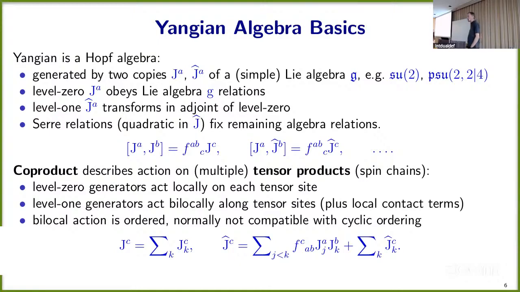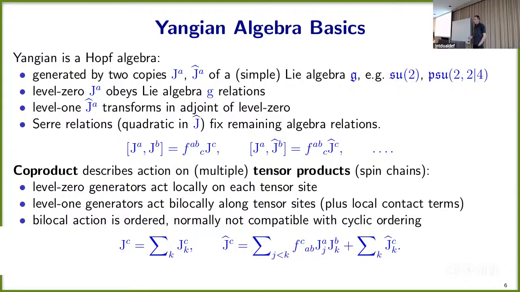Now, this is a quantum algebra, and you also have a coproduct, and the coproduct describes the action on tensor products, which you would need for defining representations on spin chains. And the level 0 generators just act as usual. They act like a tensor product rule. They act on all the sites of your spin chain individually and one at a time.